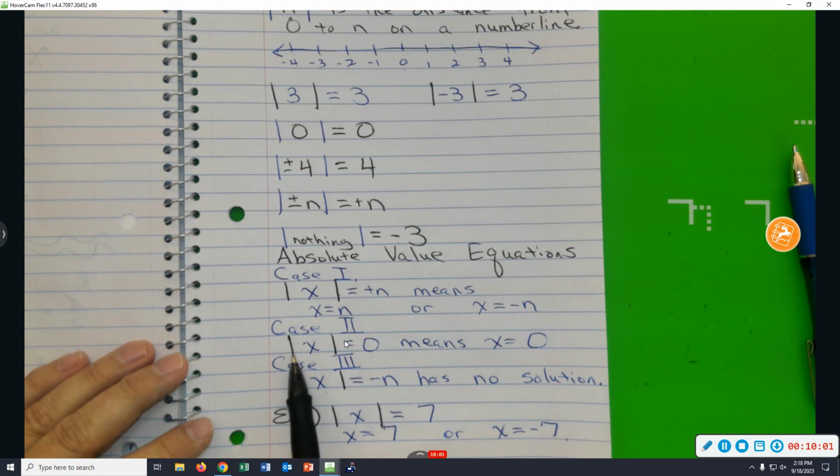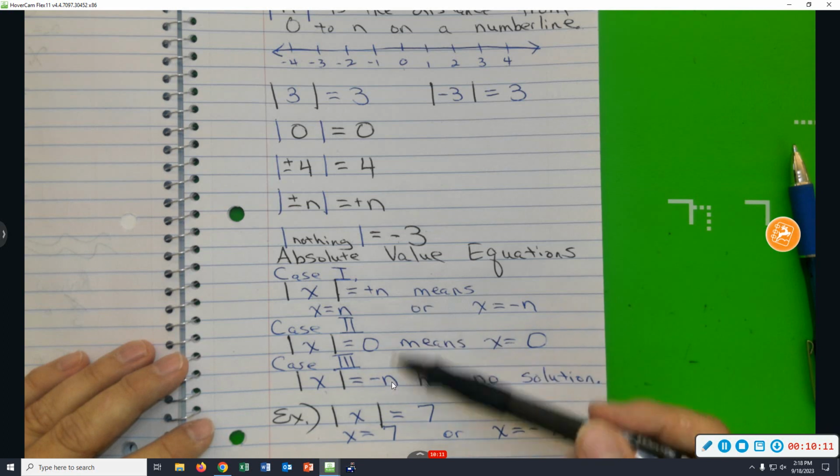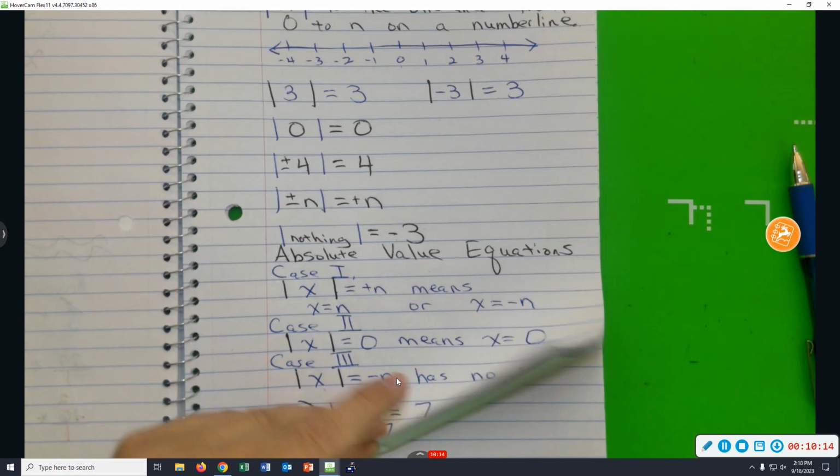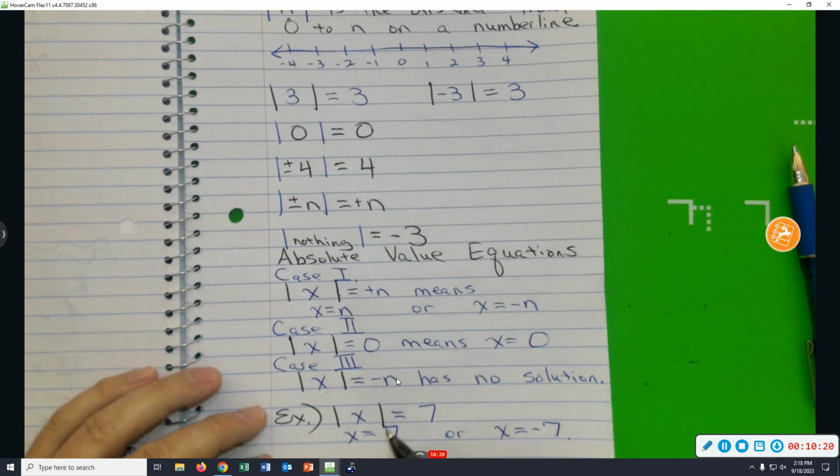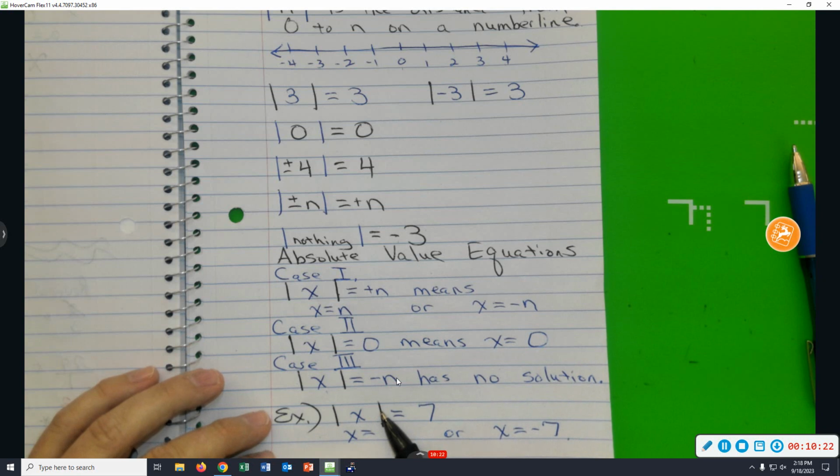You have absolute value by itself on one side, 0 on the other. Here, an absolute value on one side, a negative number on the other. My point is, before you can decide which case you have, you need to make sure that your absolute value is by itself. Here the absolute value was by itself.